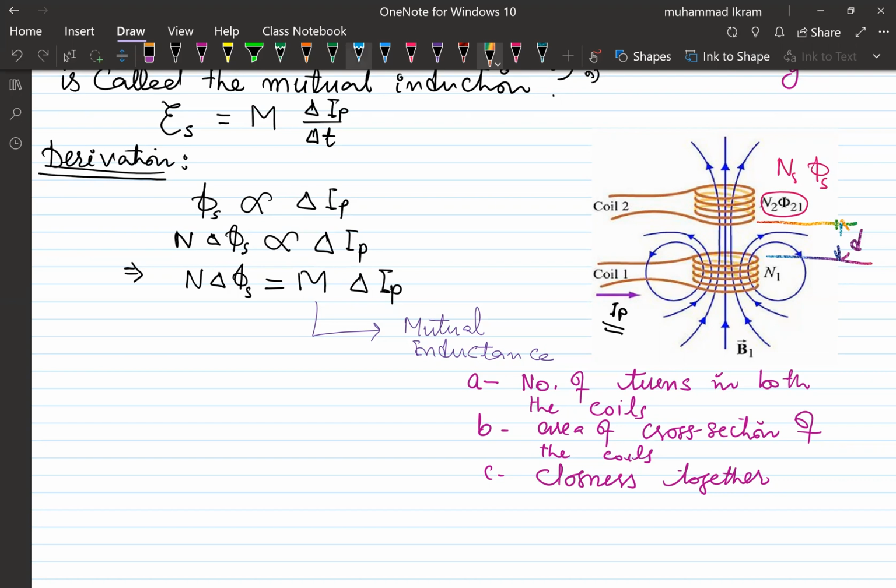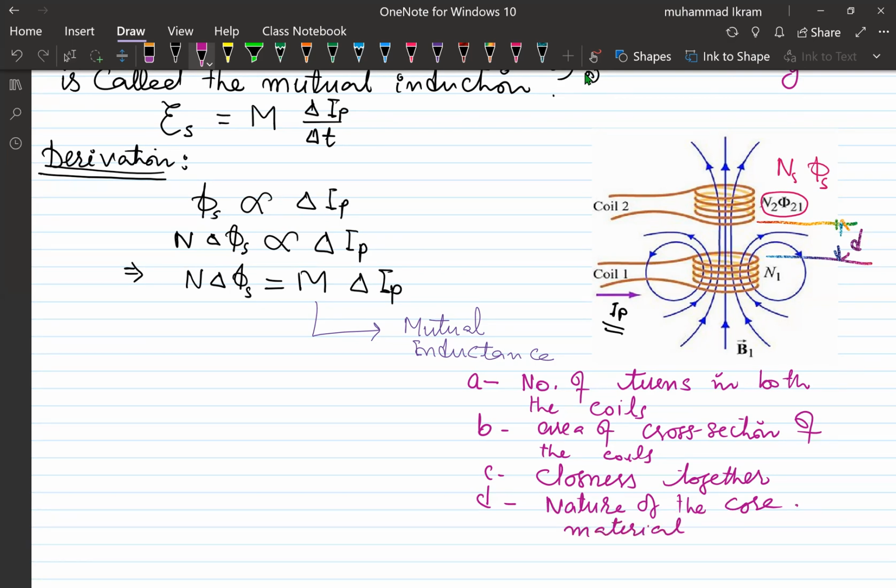And the next one is the nature of the core material, that is the permeability.